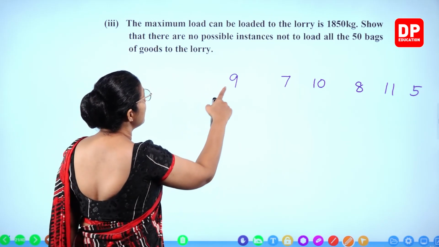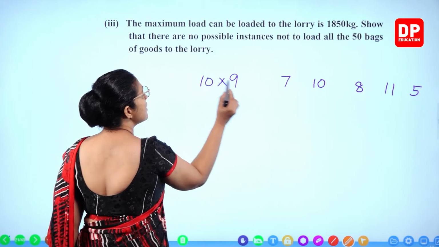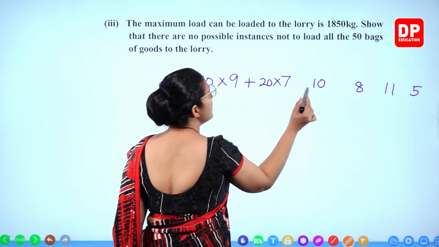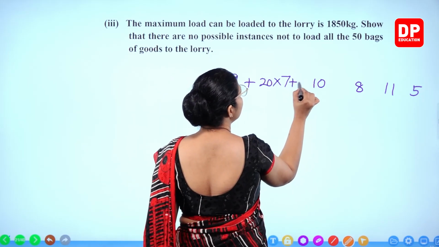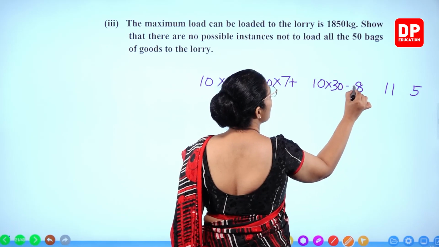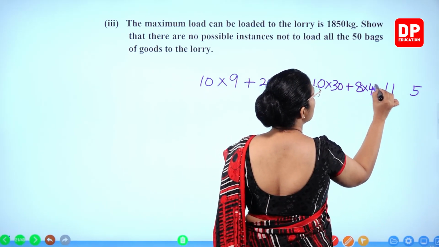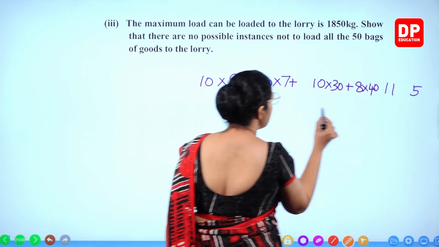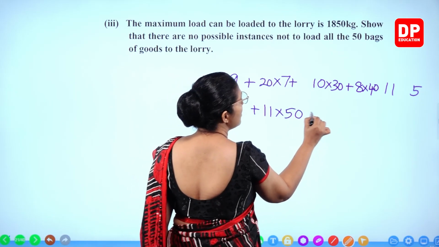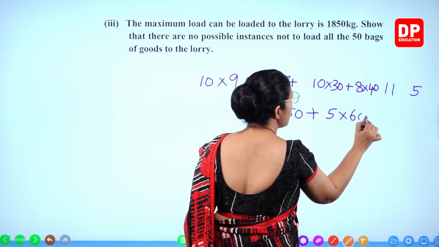And upper boundaries are, these are frequencies. Upper boundaries 10, 20, then 30, then 40, and I'll write here 50, and then last one is with 5, 60.